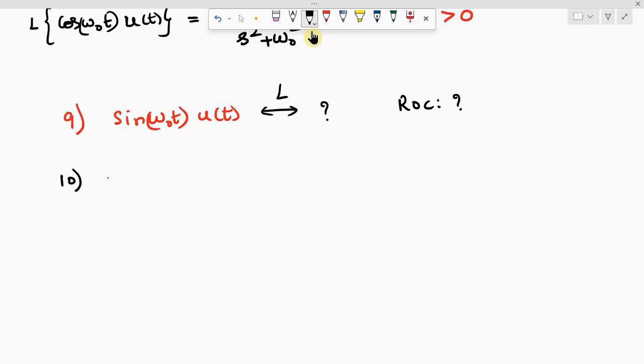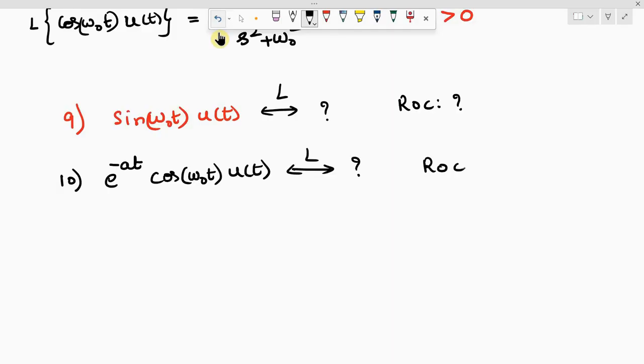The next problem is a small extension of this: e power of minus at, cos omega naught t, u of t. Any guess how to do this? Don't see this as a big problem.